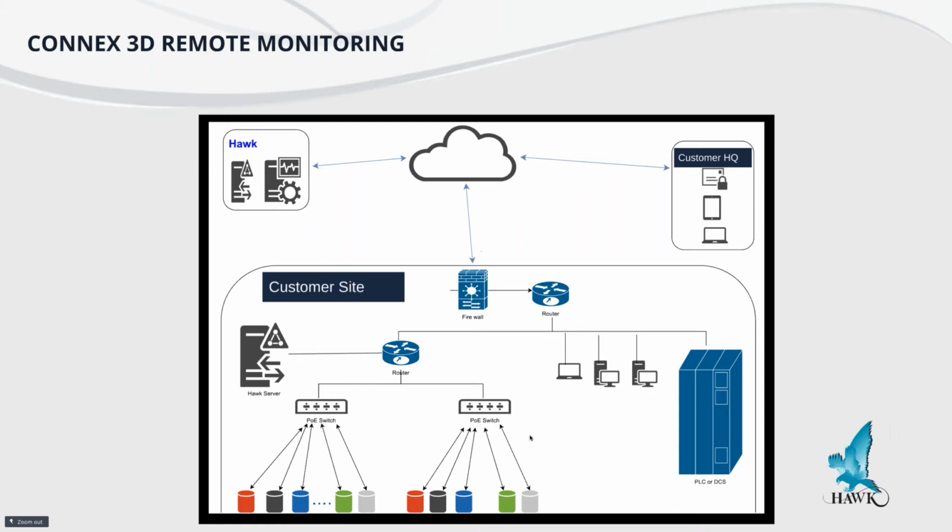So what the system would look like is, we'll just take tank level for a simple application. If we have remote tanks or local tanks within the plant, we can connect directly up to the field instrument, with power over Ethernet to a switch, and through a router.